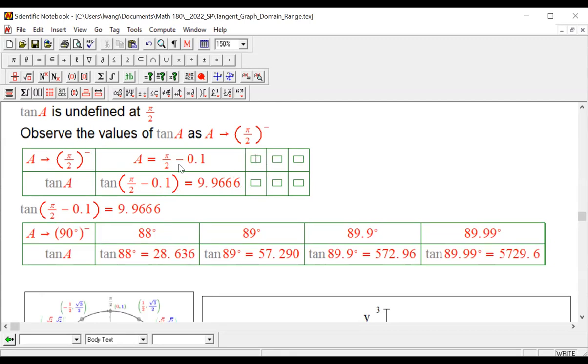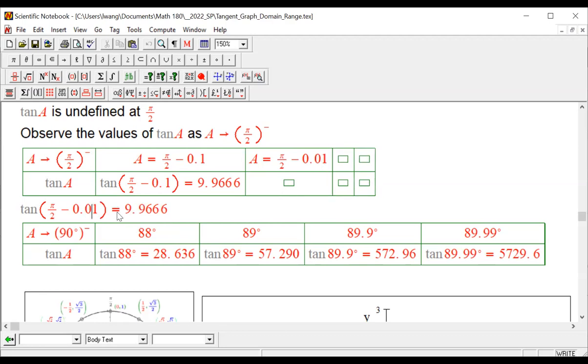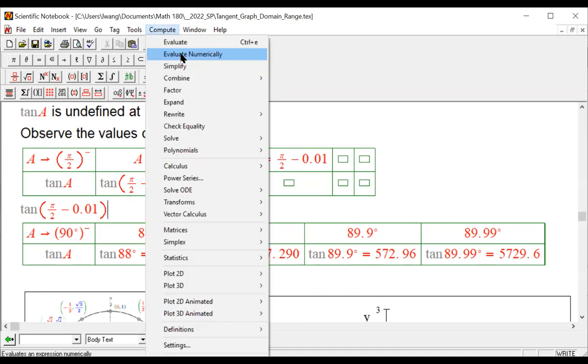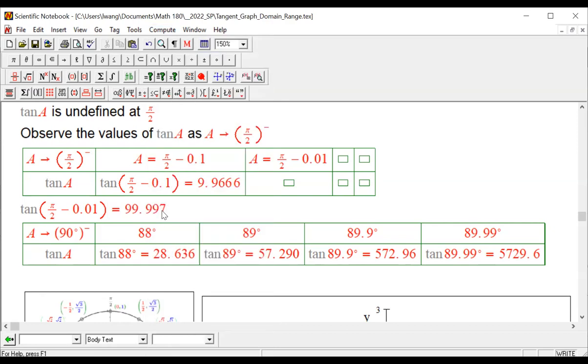So how about we choose another radian, pi over 2 minus 0.01? What would that be? Even closer to pi over 2. 99.997. There we go.